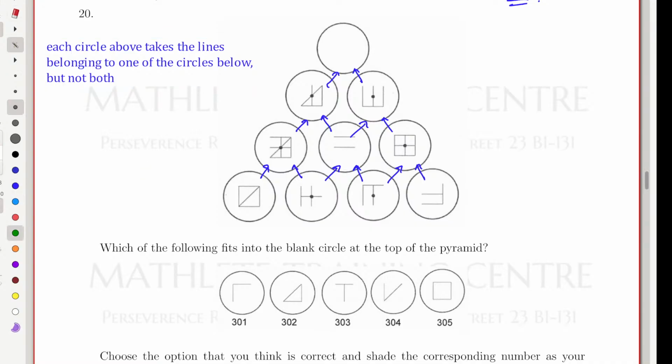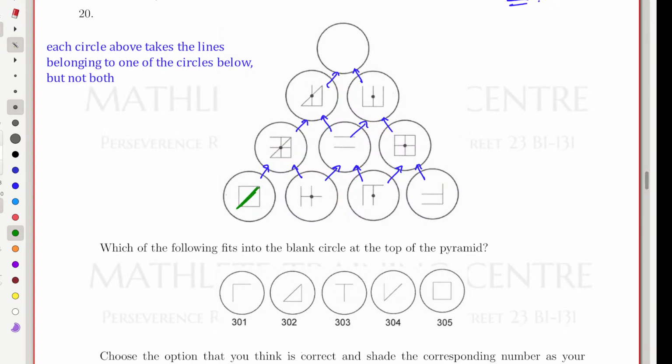For example, let me use this one here. We can see that this line is present in both of the circles below. When a line is present in both of the circles below, it does not take it. We can see that this line belongs to only one circle, so therefore it is there in the final answer.